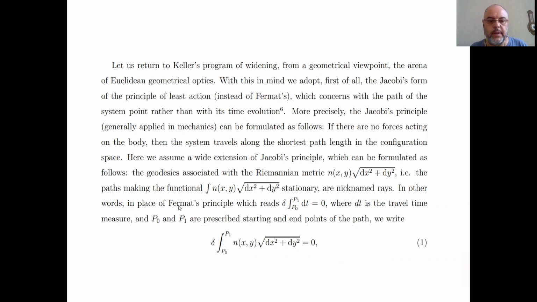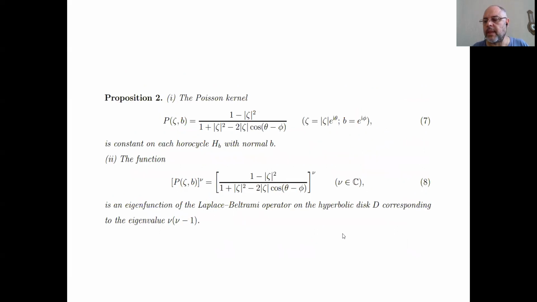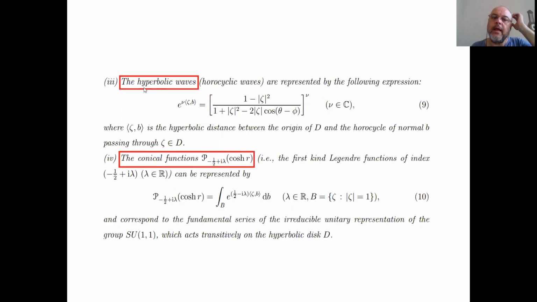In other words, in place of Fermat's principle, which reads this integral, where dt is the travel time measure, and p0 and p1 are prescribed starting and end points of the path. We write this integral here.